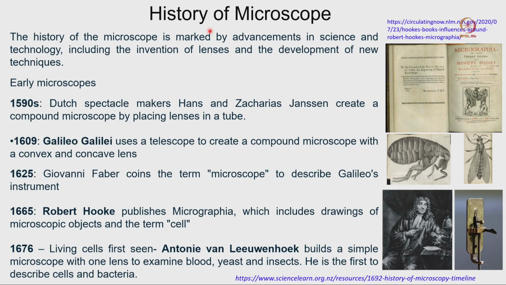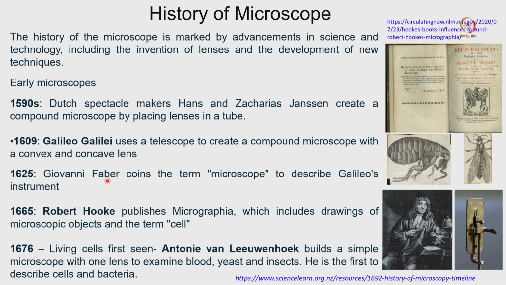Here you can see a couple of images. Mostly we are talking about microscopes and telescopes in general, but how did we implement those things for biological study? As I already mentioned, in 1590 two spectacle makers, Hans and Zacharias, created the first compound microscope, and then Galileo Galilei discovered his telescope.